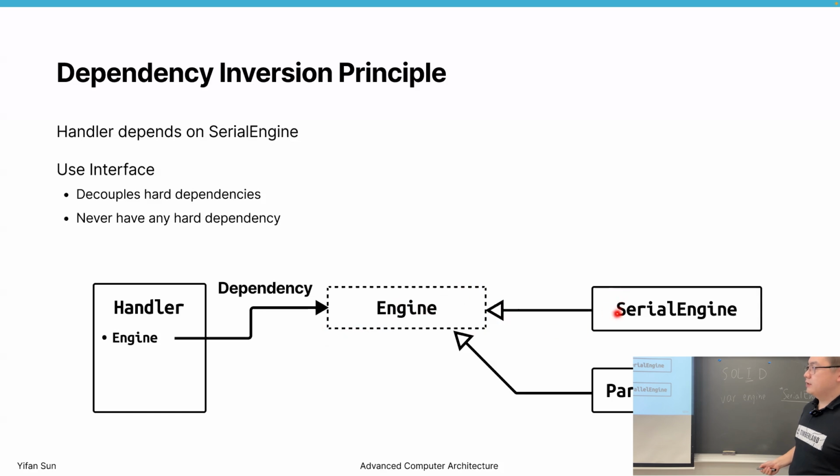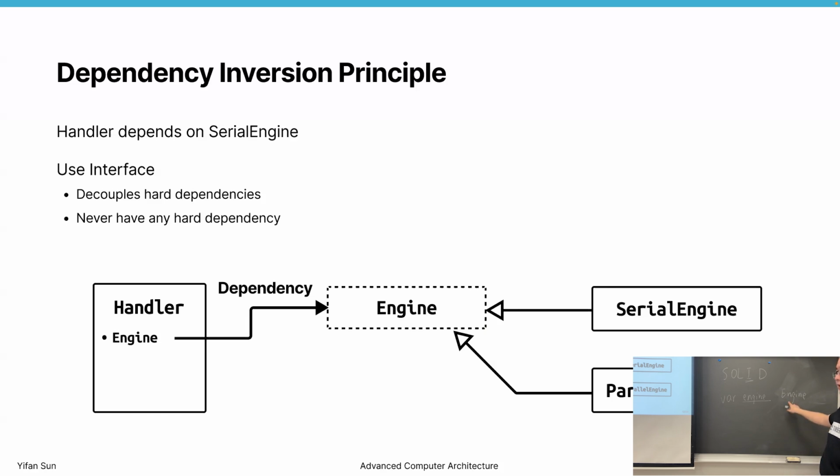The serial engine and parallel engine both implement the engine interface. That means if I write here not serial engine, but the engine, then my engine field is flexible, that I can change to whatever engine that I want.